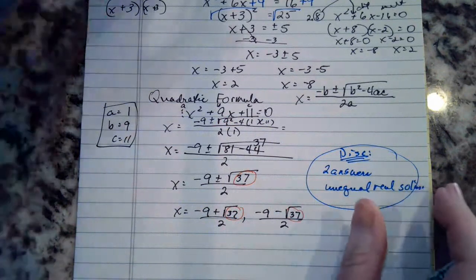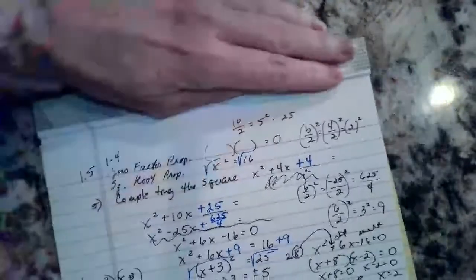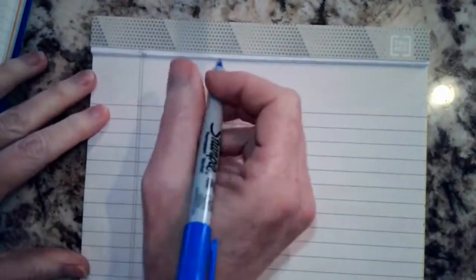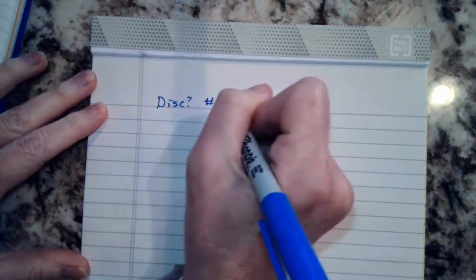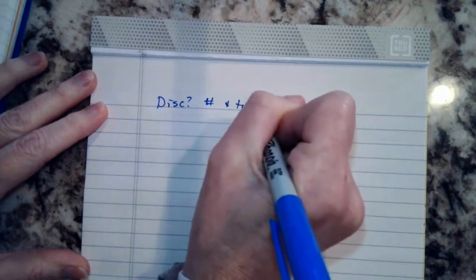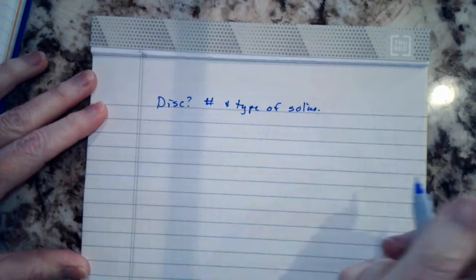So let's explore just the discriminant. You're going to be asked to do that a couple of times on your homework, to look at the discriminant and just decide how many. We need to know what the discriminant is first, and then the number and type of solutions we will get.